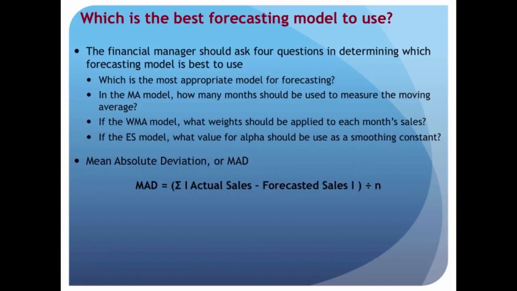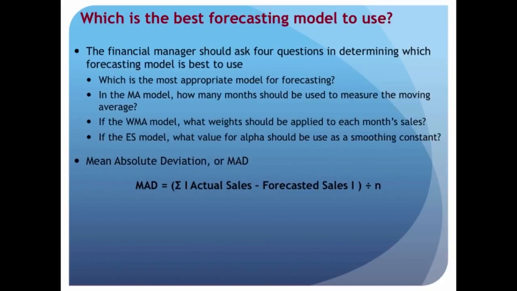The mean absolute deviation for the month of December, for example, would be computed as the arithmetic average of absolute deviations over the course of 31 days in December, noted by the following formula. MAD is the summation of actual sales minus forecasted sales, the absolute deviation of those, all divided by n.